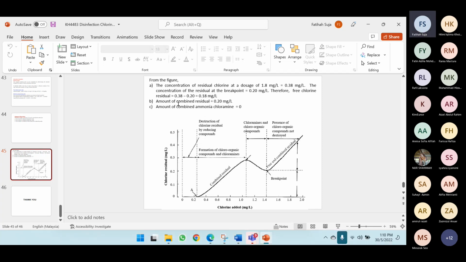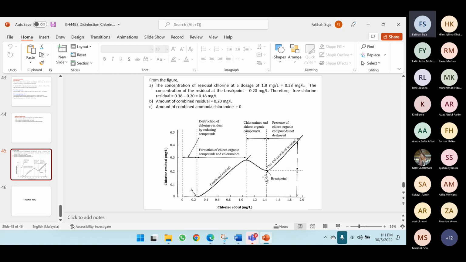Okay, and B, amount of combined residual. Amount of combined residual at breakpoint, meaning that after you combine the residual, finally you will get this due to chlorine reducing compounds, chloramine and chloroorganics. These are the formation. This is the highest amount that they will reach, and finally they go to breakpoint.